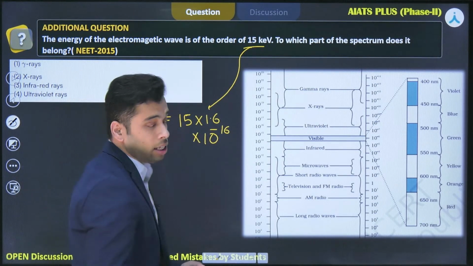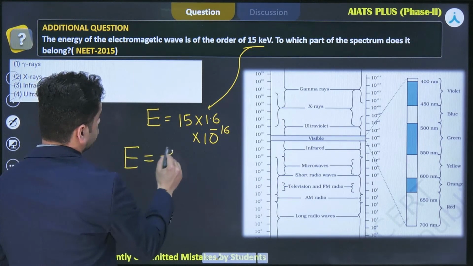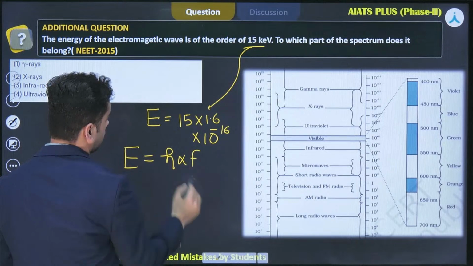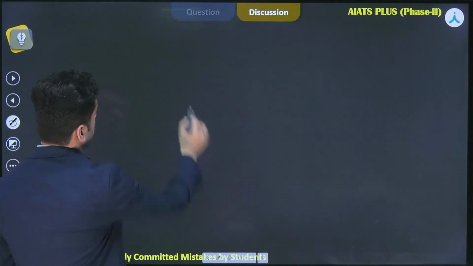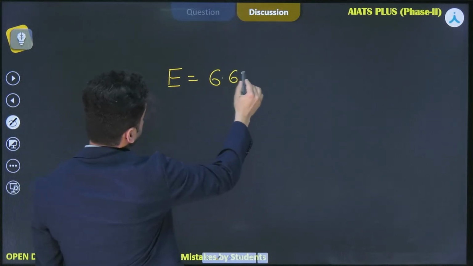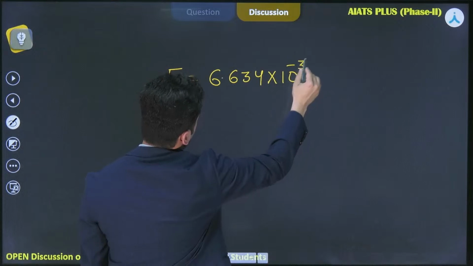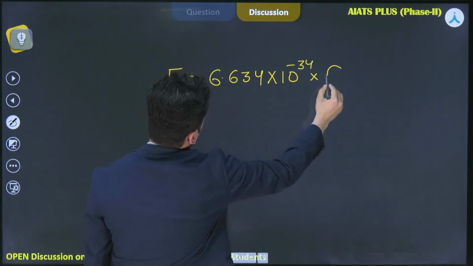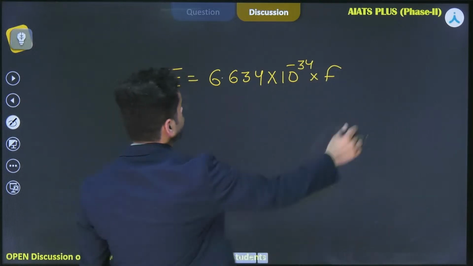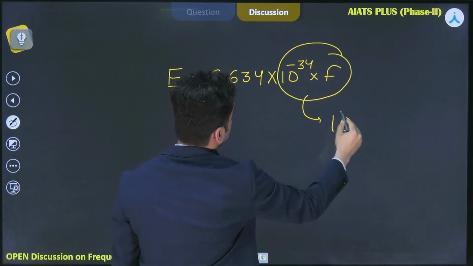And we know that the energy is given as h into f, right? So h into f, h is Planck's constant, its value is 6.634 into 10 raised to the power minus 34, and into the frequency. Now what should be the order of the frequency, so that this energy term is of the order 10 raised to the power minus 16?